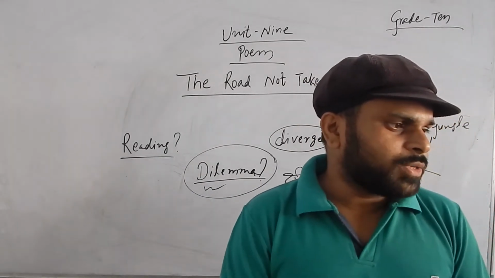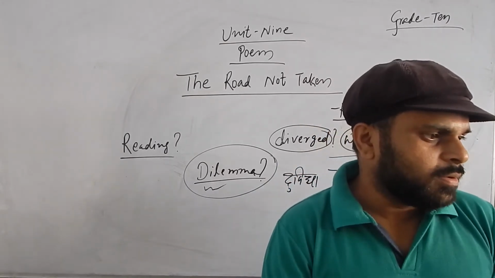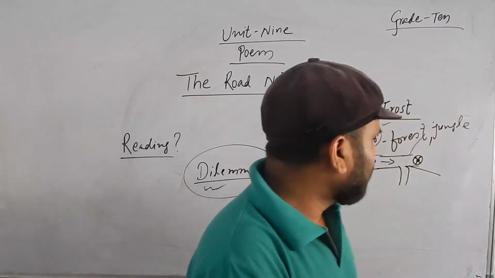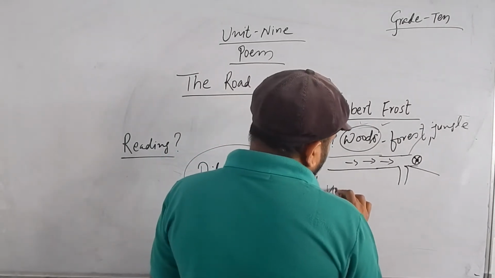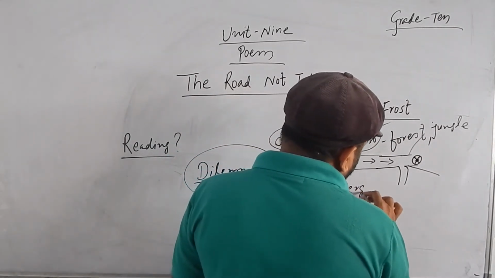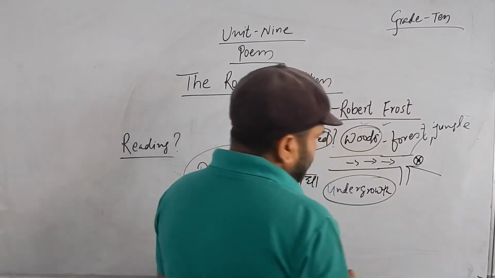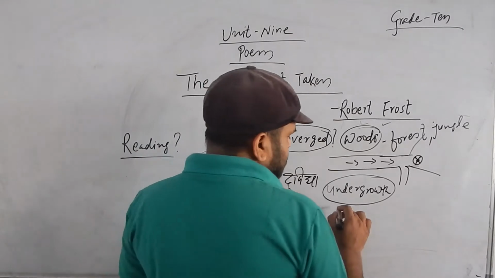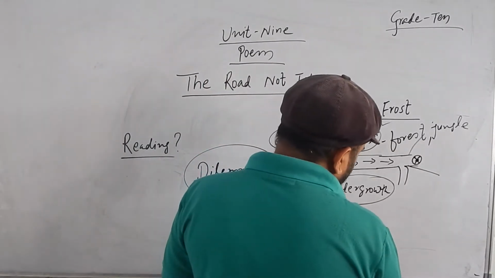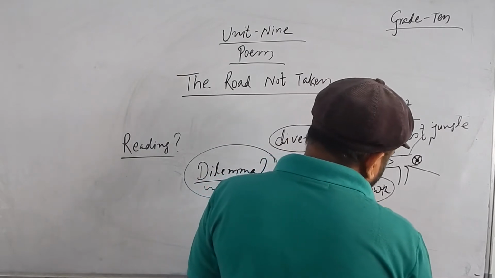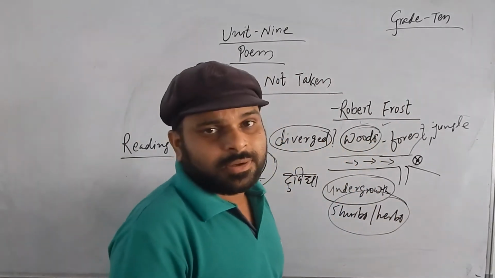And looked down as far as I could to where it bent in the undergrowth. He says that here is a word, undergrowth. The word here would mean small trees, that is, you call shrubs, small plants, bushes.